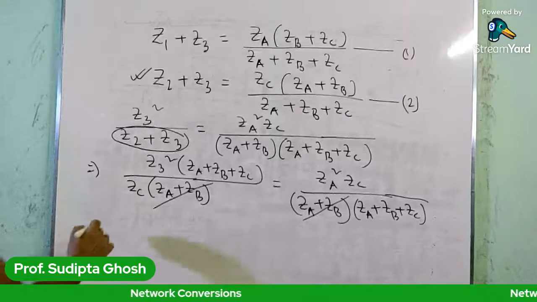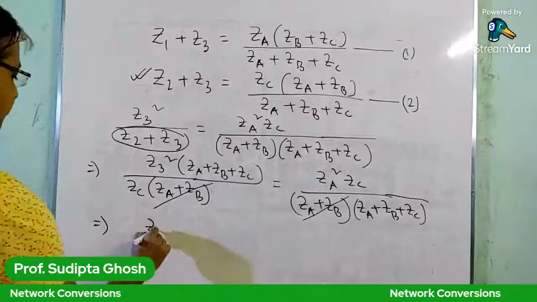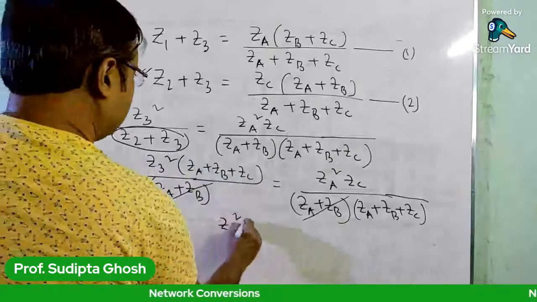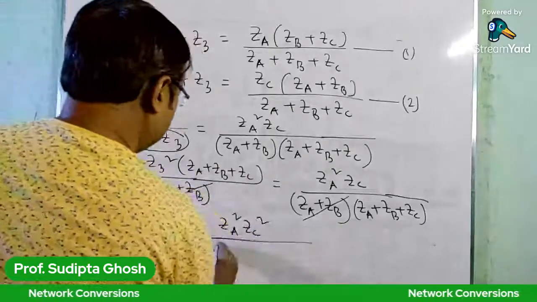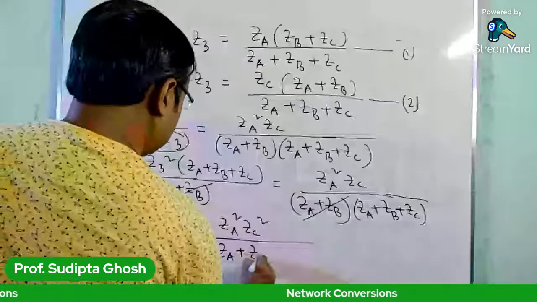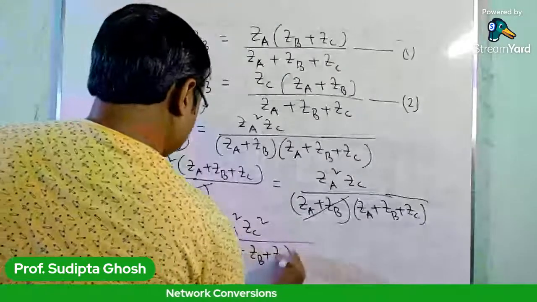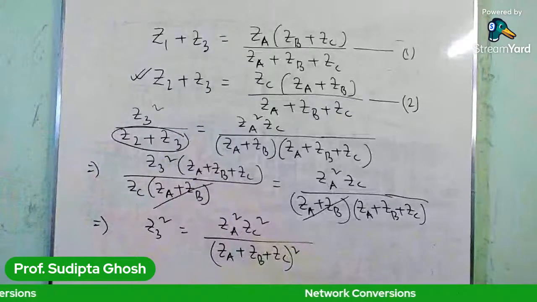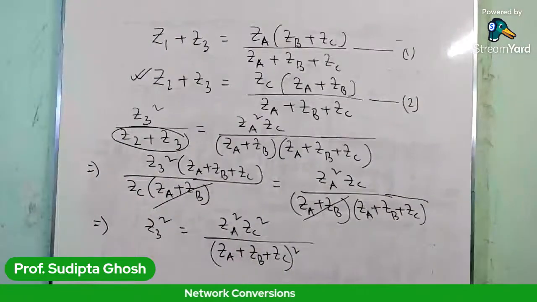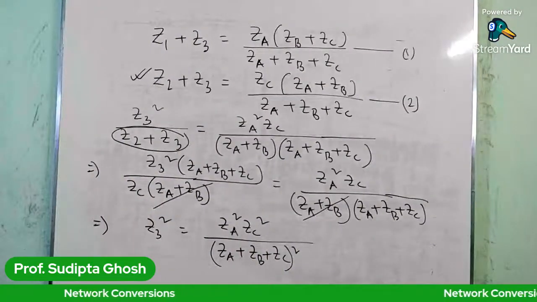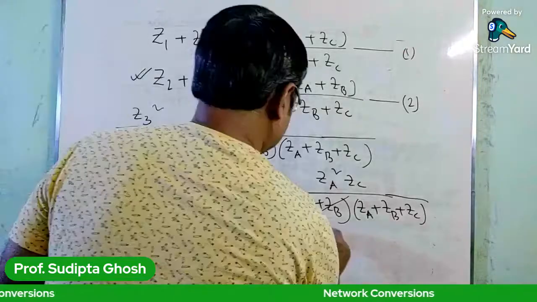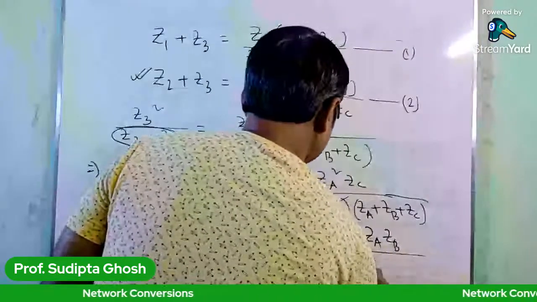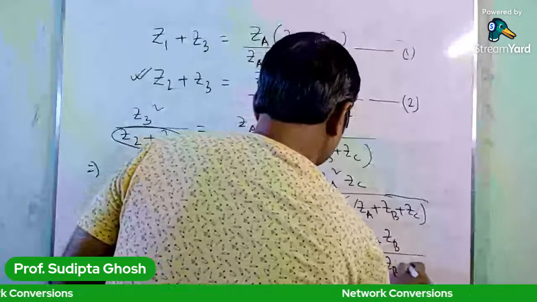So we can write that Z3 square will be equal to ZA square into ZC square whole divided by ZA plus ZB plus ZC whole square, or you can derive the value of Z3 from here, and it will be ZA ZC divided by ZA plus ZB plus ZC.